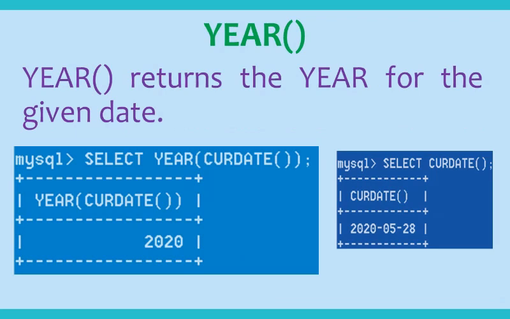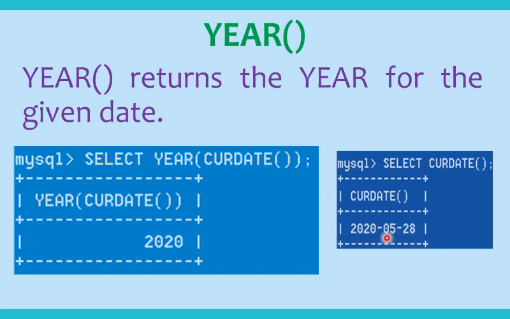Next function is the year function. Year returns the year for the given date. Means it will extract the year part from the date. Again I have used this function, select current date, to show you the current date and time of the system.